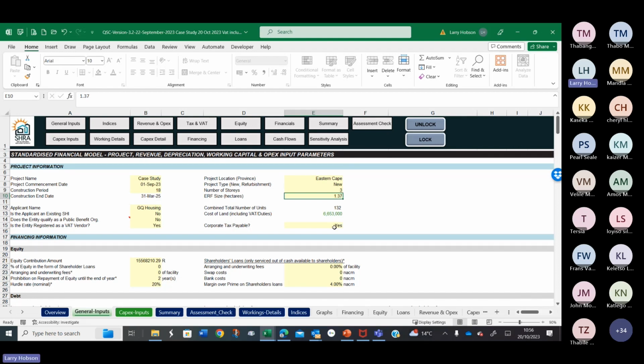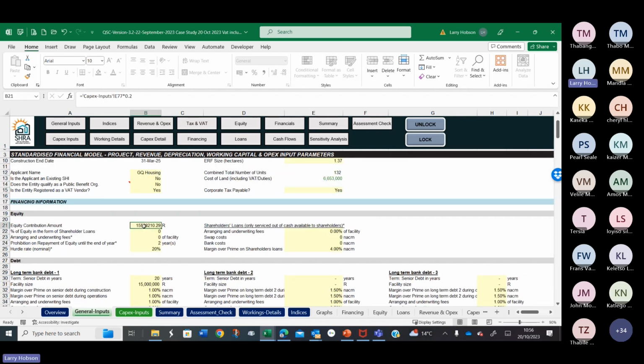Cost of land was that amount, because that's the amount we had from the case study from QuickScan A. I think QuickScan A was actually for an inner city project, but we've just used the same costs here. Corporate tax payable, we've said yes, because we're not a public benefit organization.